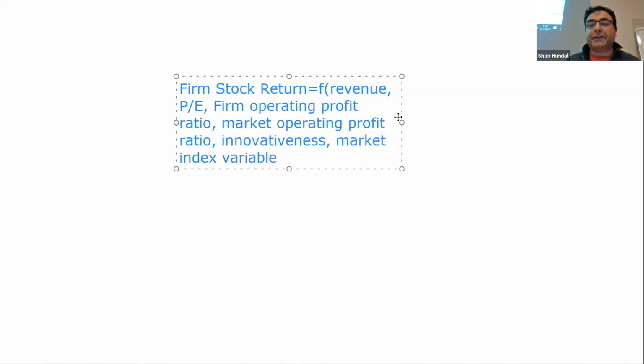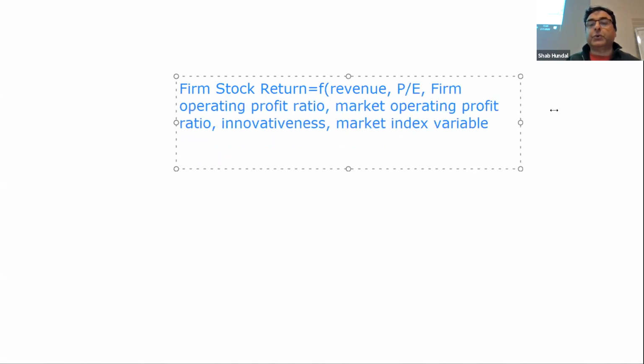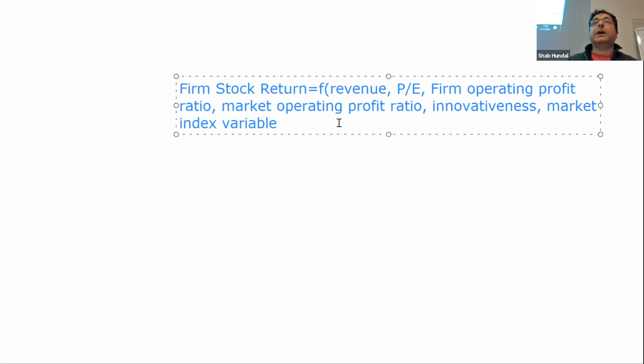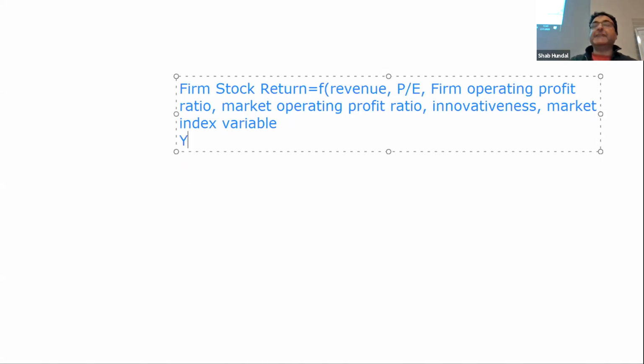Now the question here is, what made me choose those variables? Well, I studied literature, I studied different articles, I studied some textbooks, and textbook says that if you want to find out which factors have an impact on the company's stock return, then these are the strong variables. That's why we call firm return a dependent variable.